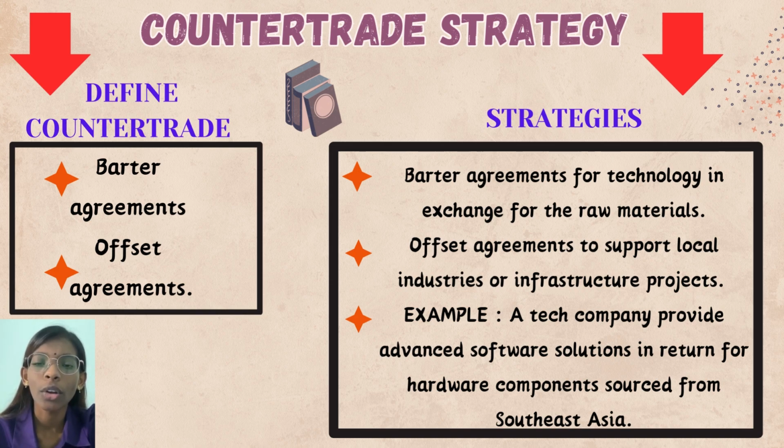This not only strengthens relationships with local governments but also aligns with the region's economic development goals. For example, IBM has previously engaged in counter trade deals to expand its presence in emerging markets.